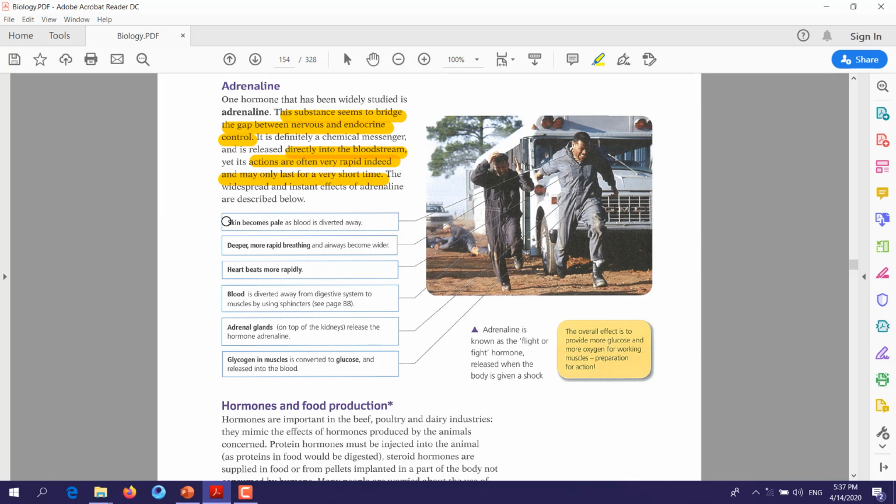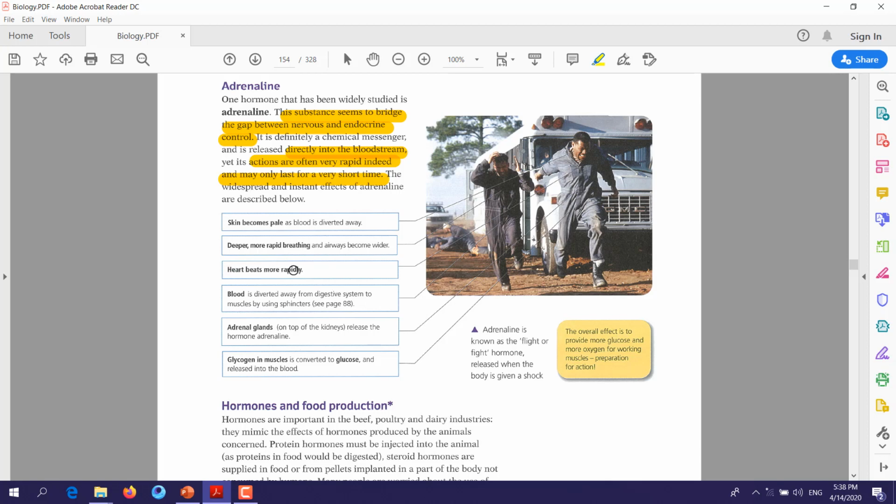For example, skin becomes pale. Why does it become pale? Because the blood is diverted away. Then deeper, more rapid breathing.